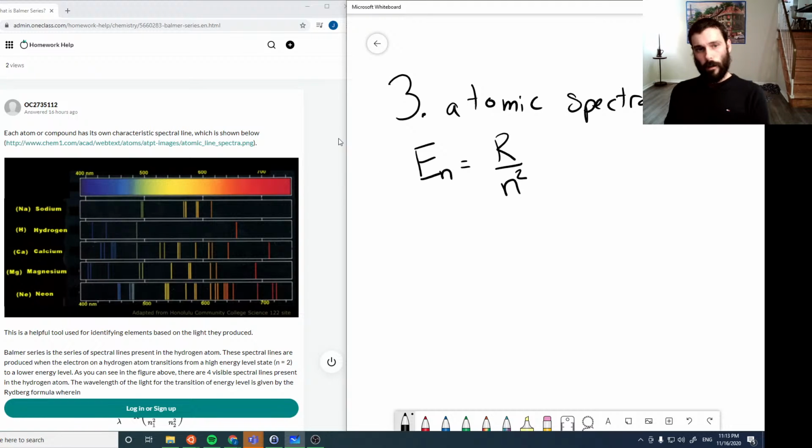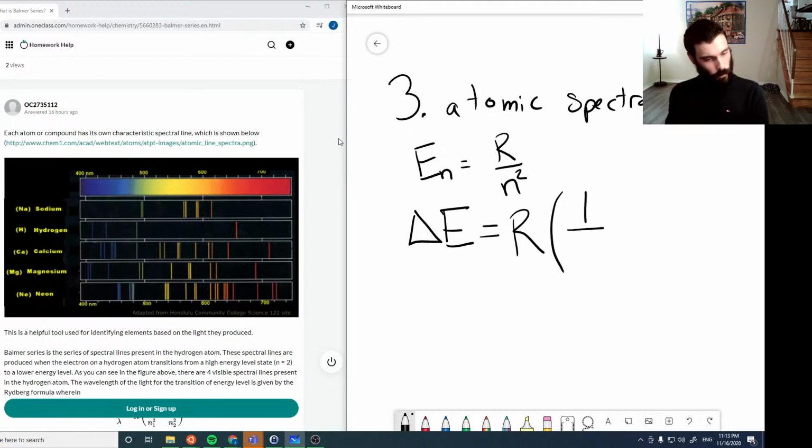And so the line spectrum comes from transitioning between 2 of these levels. So it's always calculated from a change in energy. And the best way I've always found to represent this is 1 over n lower squared minus 1 over n upper squared.